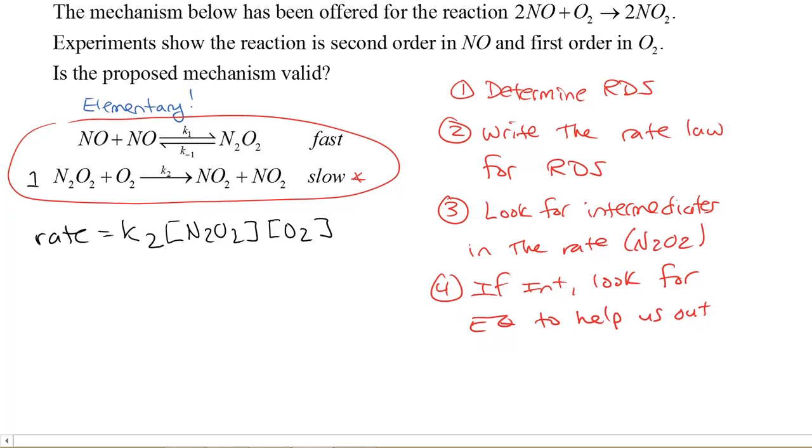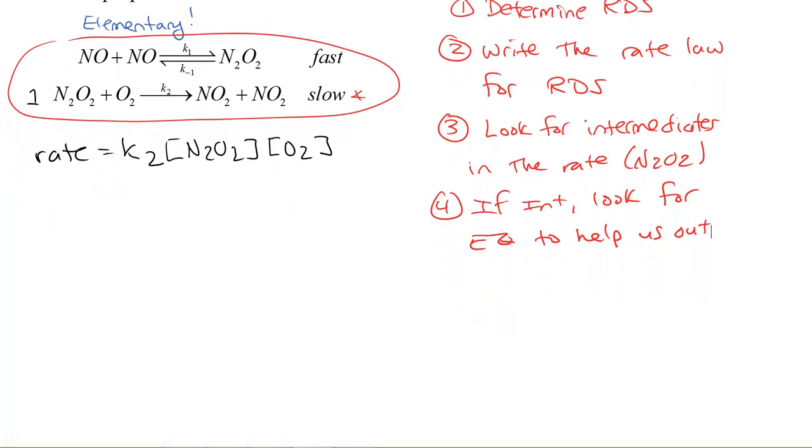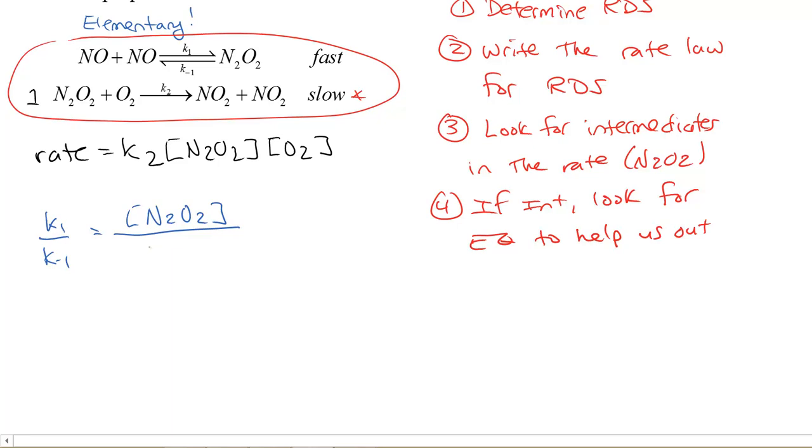So to get a little bit more definite on that, we're going to look at the equilibrium real quick. And the equilibrium says that K1 over K minus 1, the rate constant forward divided by the rate constant in the reverse, is equal to the products raised to their stoichiometric coefficient divided by the reactants raised to their stoichiometric coefficient. And since there's two NOs, that would be NO squared.